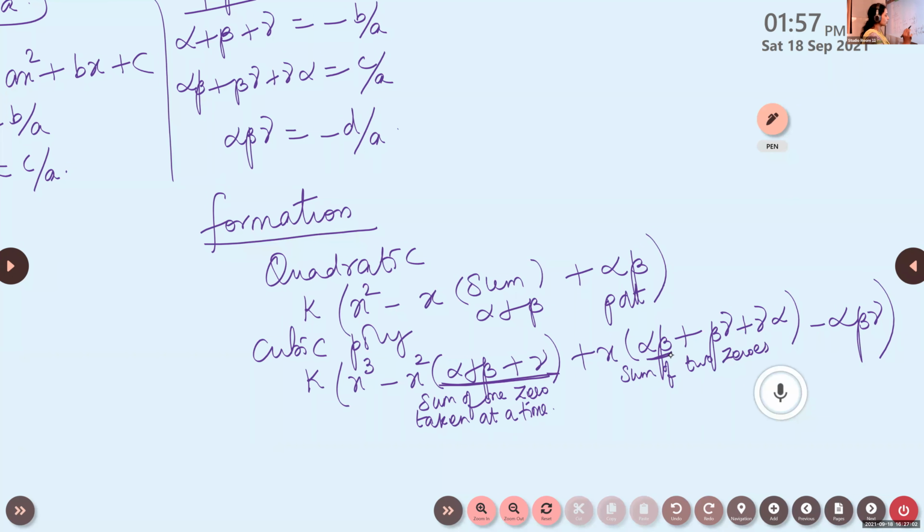We take two zeros together. And this one we call the product of the zeros, alpha beta gamma.